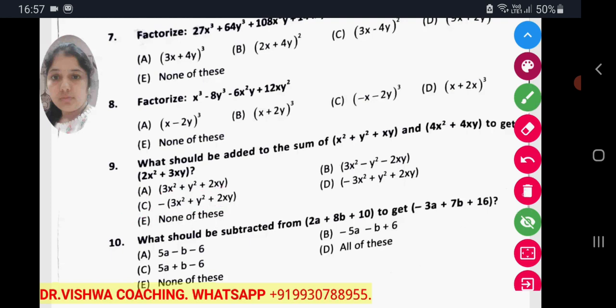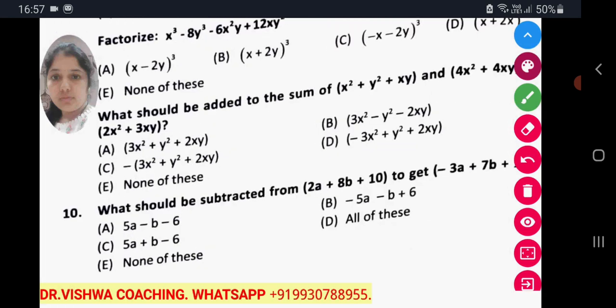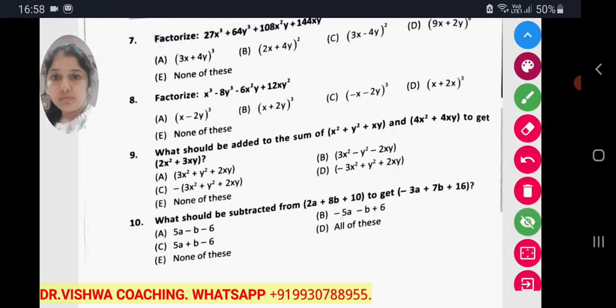Now in the same way you have to solve the 10th question, which is the last question: what should be subtracted from 2a plus 8b plus 10 to get minus 3a plus 7b plus 16. Now see what should be subtracted. So the equation that should be subtracted from this equation, we assume it as x.